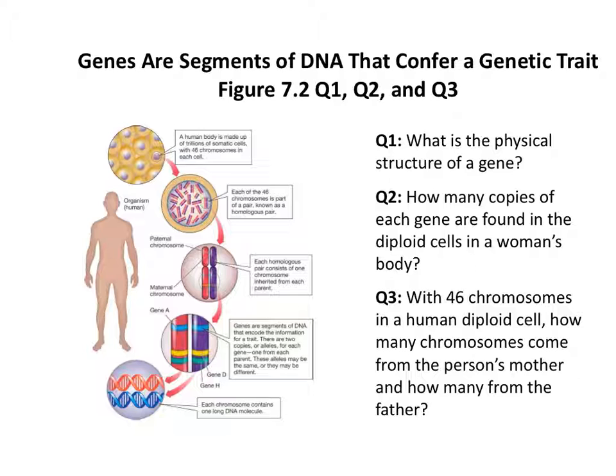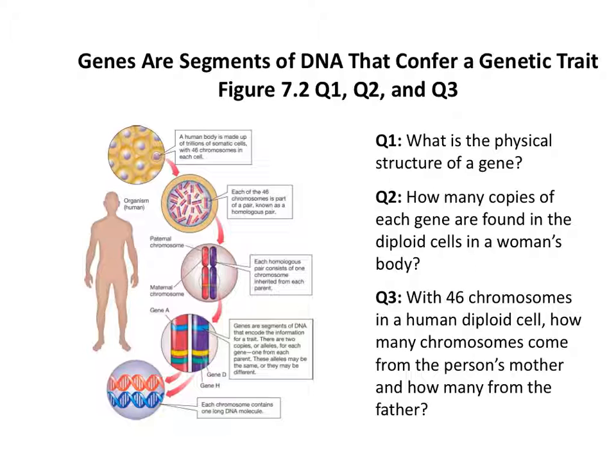So what's the physical structure of the gene? Well, it's made of DNA, and the coding is according to base pairs, nitrogen-based base pairs, that then code for amino acids and eventually proteins. How many copies of each gene are found in the diploid cells in a woman's body?